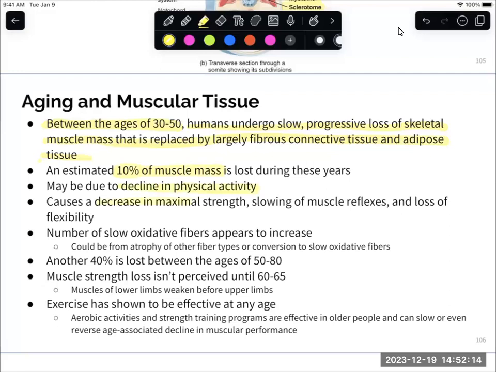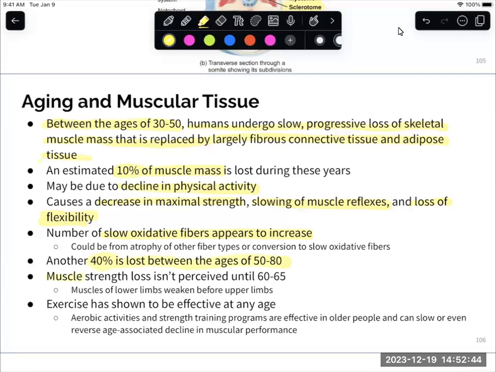It causes a decrease in strength. Your reflexes are going to slow down. You're going to lose some flexibility. You gain more slow oxidative fibers. You lose another 40% between the ages of 50 and 80. So by 80, you've lost about 50% of your muscle strength.